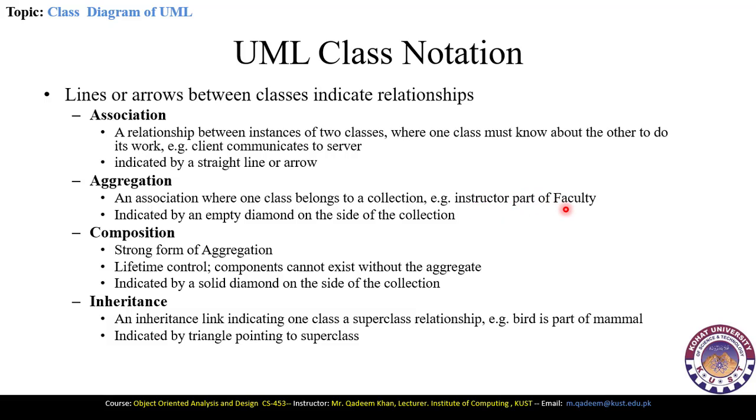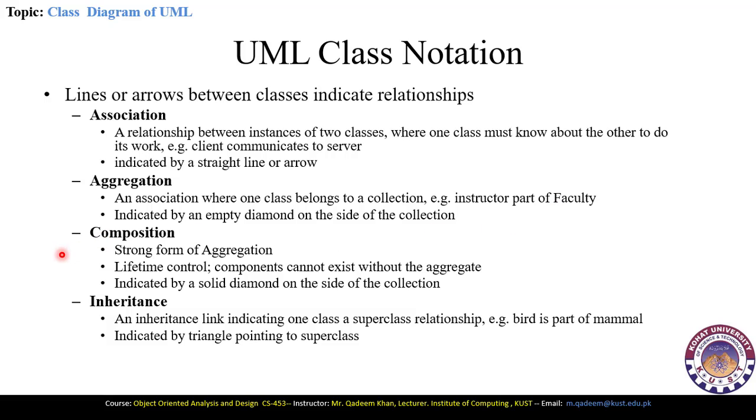This is a special association where the other class belongs to the collection of multiple classes, and it is indicated by an empty diamond symbol on the side of the collection. For example, there should be an empty diamond symbol towards the faculty here.